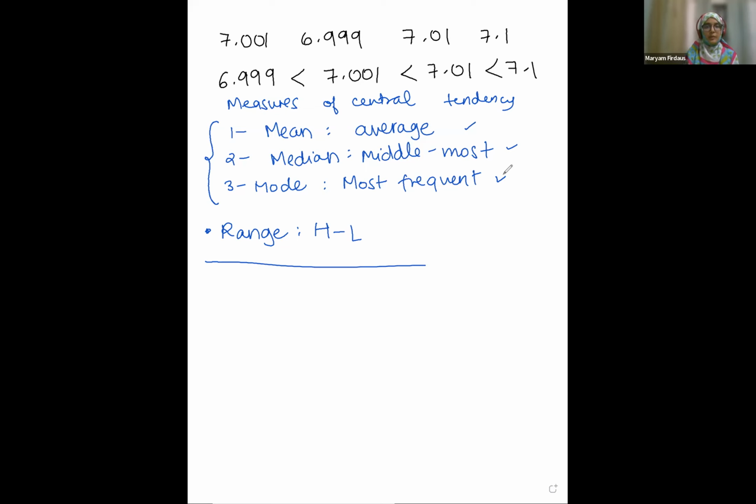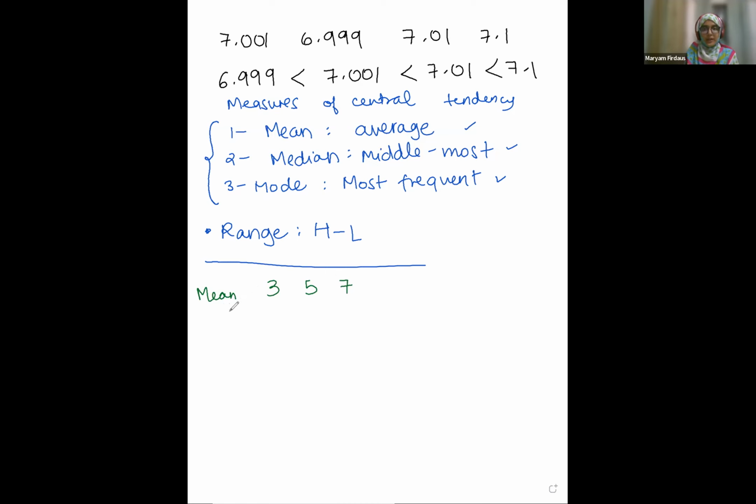For example, let me give you a data over here: 3, 5, and 7. Please find the mean of this. 5. True. The mean can be one of the numbers in a data.